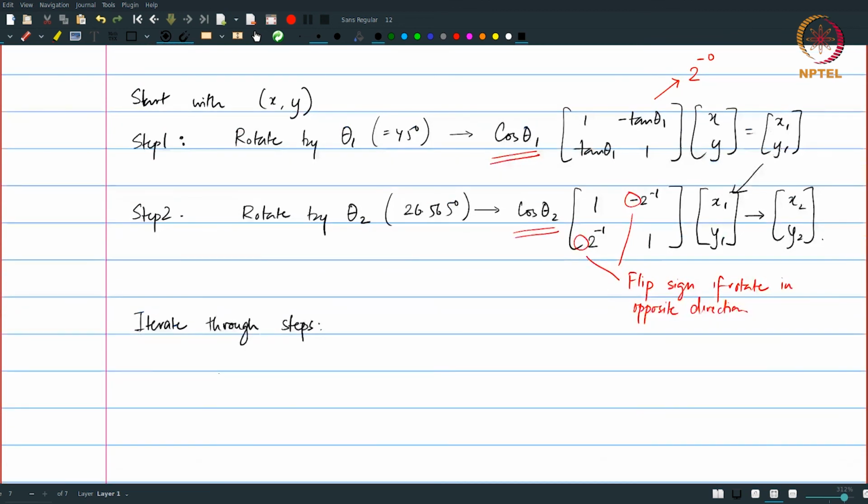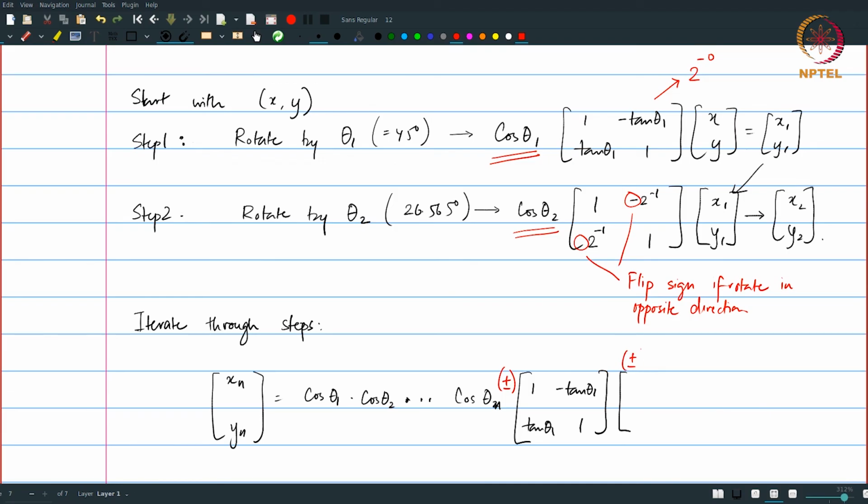And what I would finally have is that the xn, yn values are essentially going to be cos theta 1 times cos theta 2 multiplied out up to cos theta n, multiplied by the matrix with 1 and minus tan theta 1, where it could be a plus or minus of this, and similarly a plus or minus on the next matrix, and so on, as required in order to converge the angles.